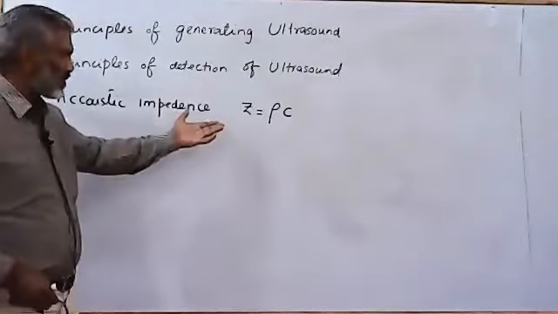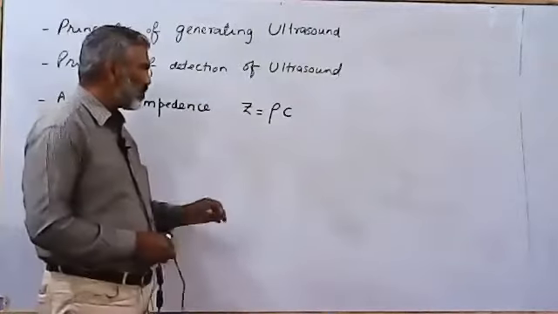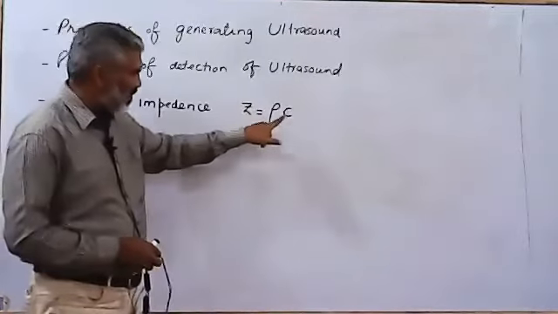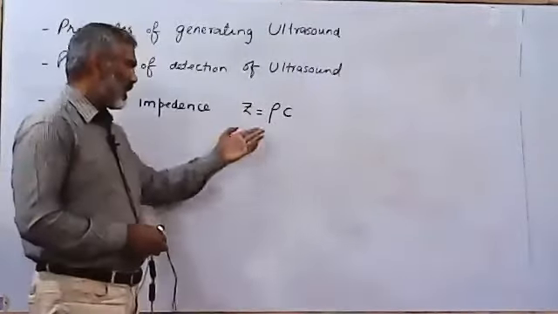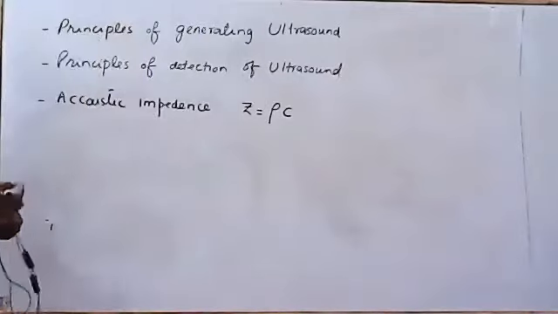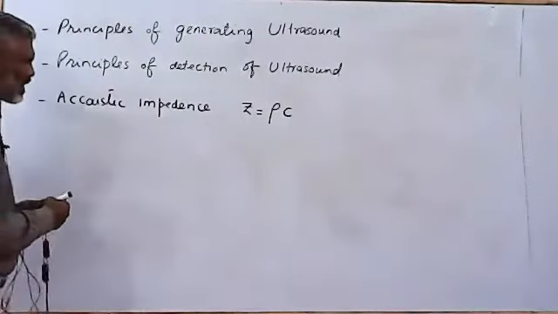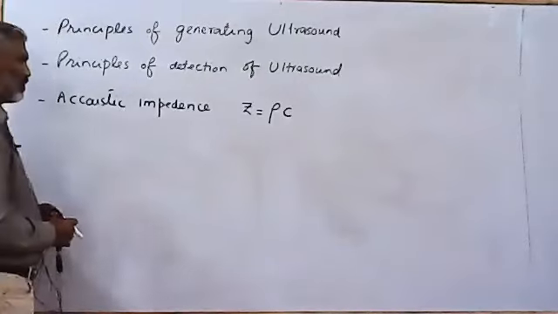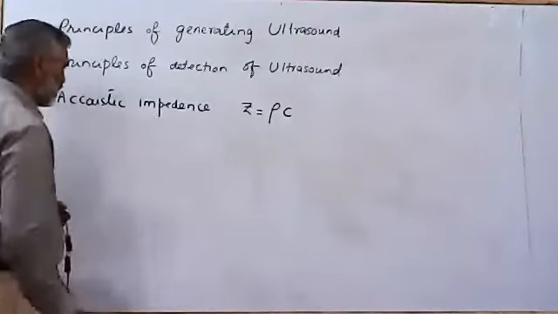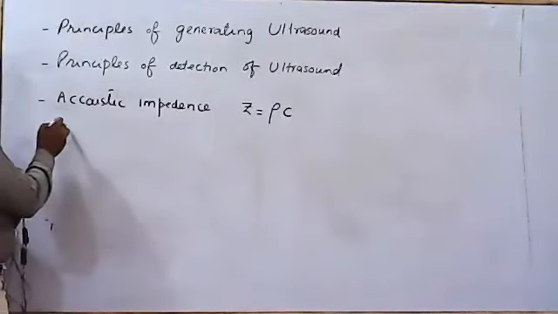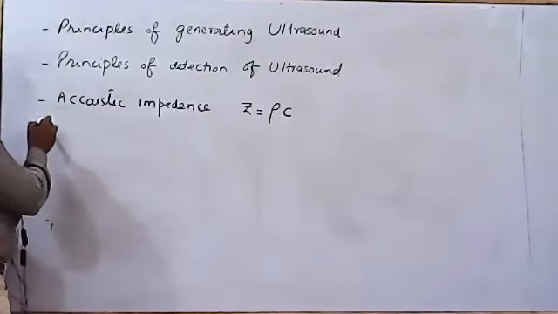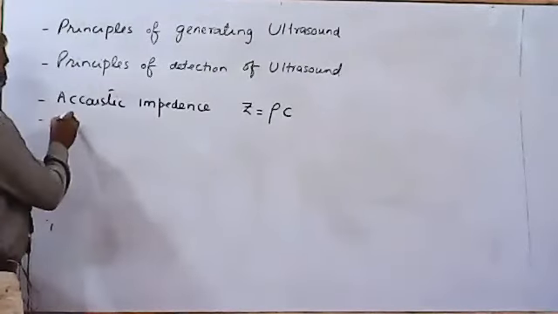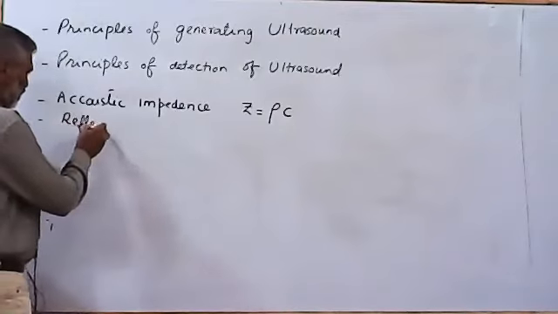This is also used for calculating the density of media. If I know the value of the acoustic impedance of a medium and the speed of sound in it, I can easily calculate the density. But more importantly, we used this quantity to calculate an important quantity known as the reflection coefficient.